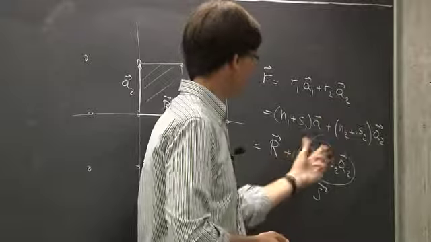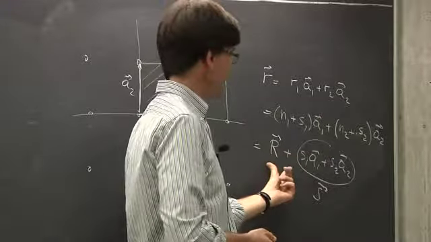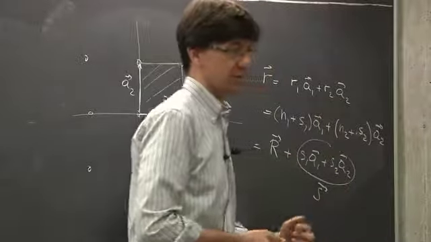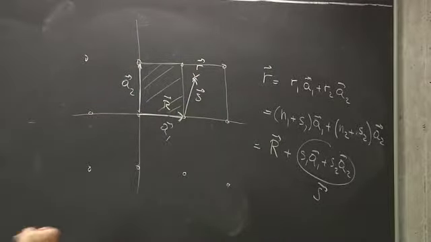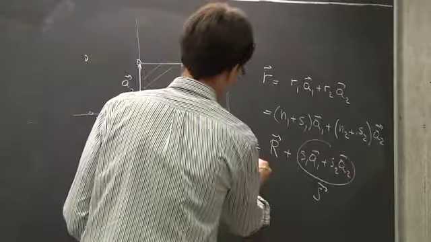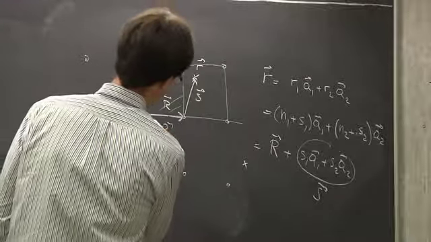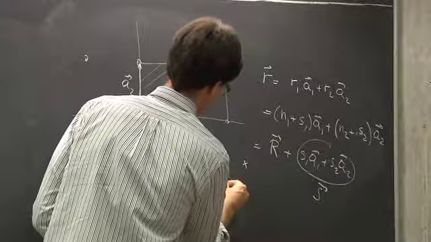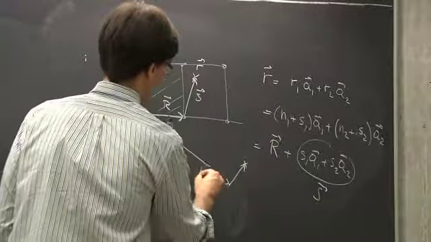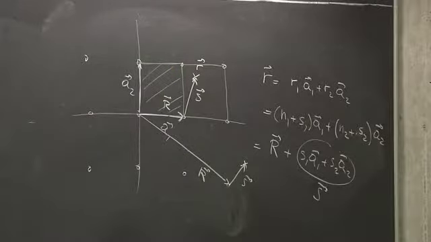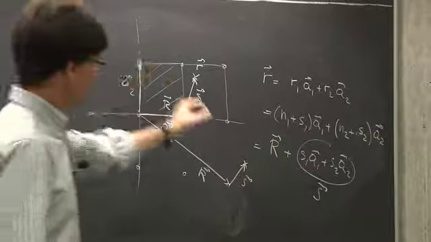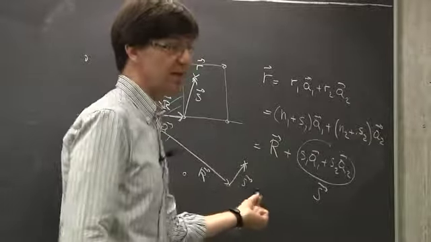And if I do that, I clearly extract the Bravais lattice vector R and the vector in the unit cell, S. If I had a point, say, here, then my R would have been this one, and S would have been this one. So wherever I am, I can go from the origin to where I am by first reaching the Bravais lattice point and then moving inside the unit cell.